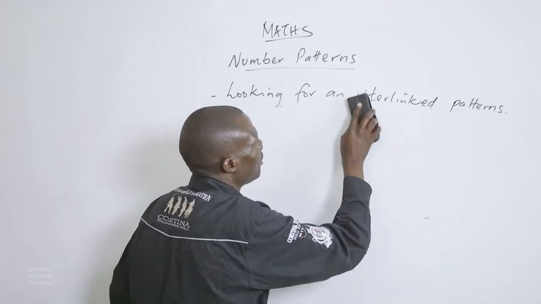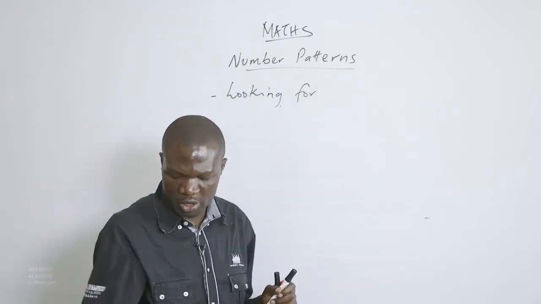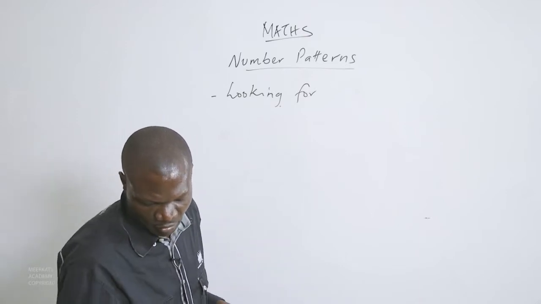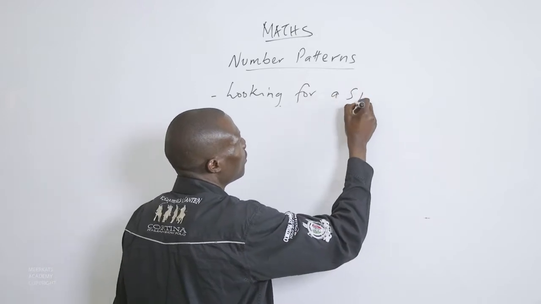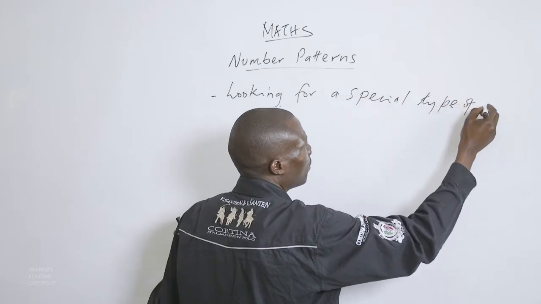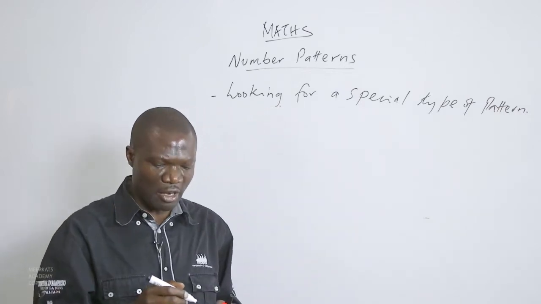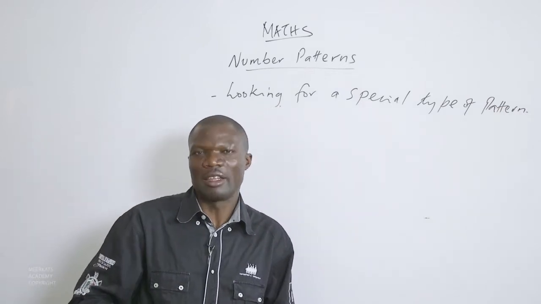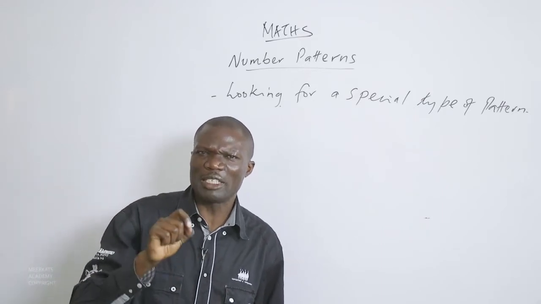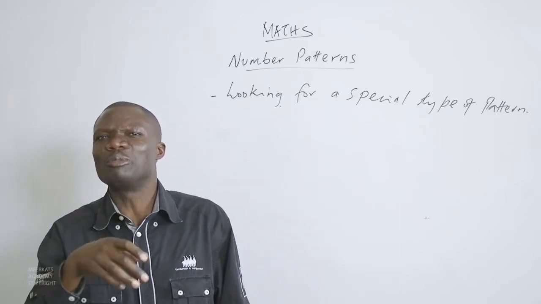The next way we can work on number patterns is looking for a special type of pattern. We sometimes have a pattern that requires you to find the best way out and see how the terms have behaved.